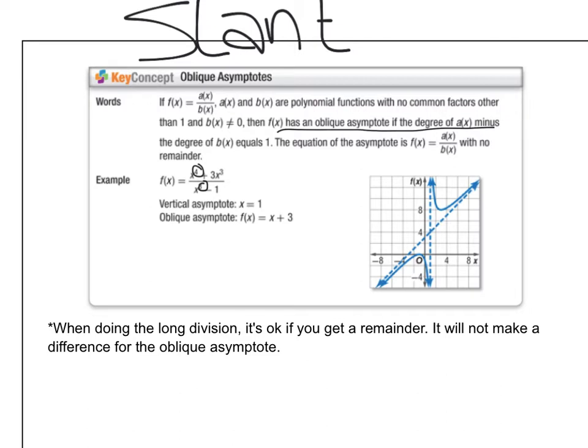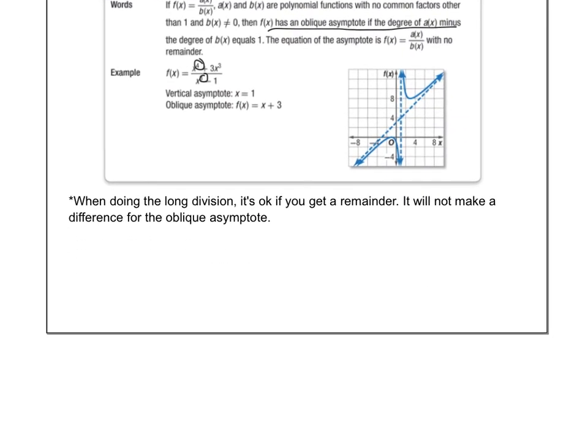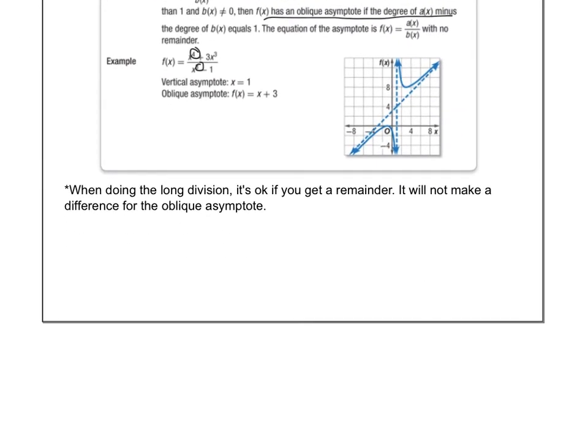So in this case, I'm going to do this down here to refresh on our long division. We would take our numerator, x to the 4th plus 3x to the 3rd, and then take our denominator, x to the 3rd minus 1, and do our polynomial long division.